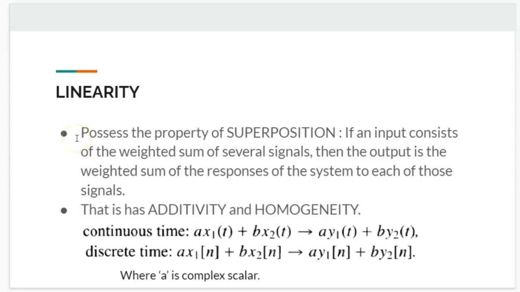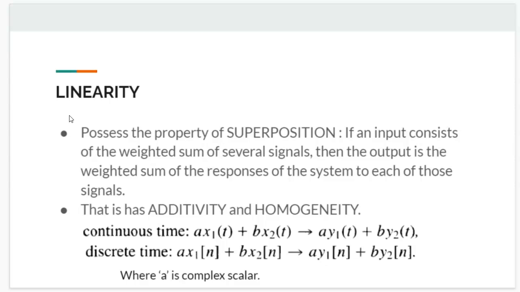And then we go to linearity. A system is called linear if it possesses the property called superposition. The superposition property means that if you give an input which consists of a weighted sum of several signals, then the output should also be the weighted sum of the responses of the system to each of the signals individually. There are two aspects to it: additivity and homogeneity.